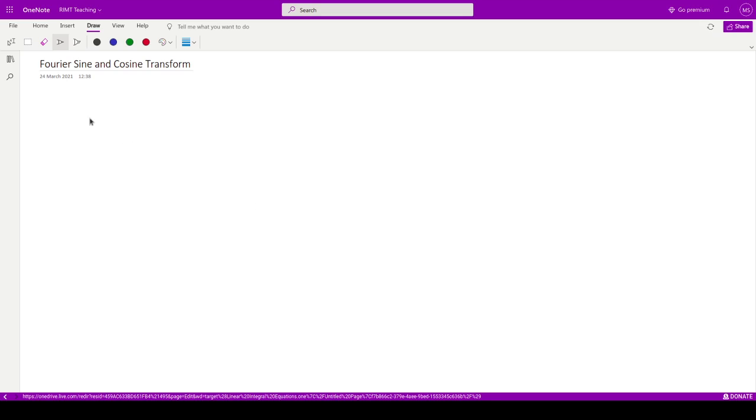So here we shall see what are the Fourier sine and cosine transforms. Firstly, let me define what is a Fourier cosine transform.